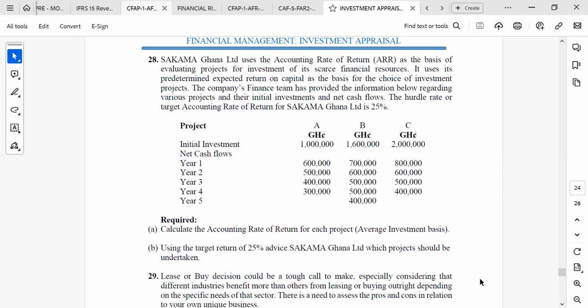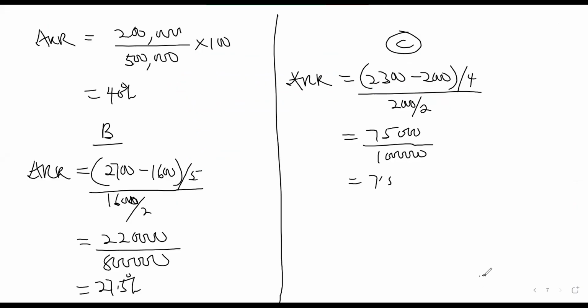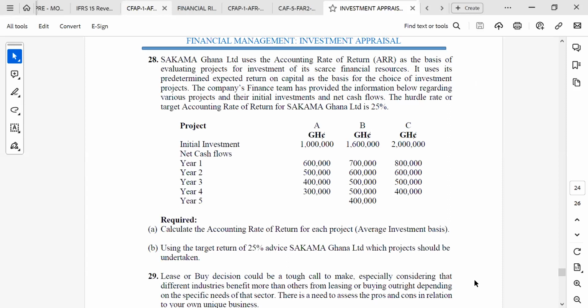I'm getting 7.5. Is that correct? Can someone confirm that? Yes, 7.5. Okay. Yeah, 7.5.